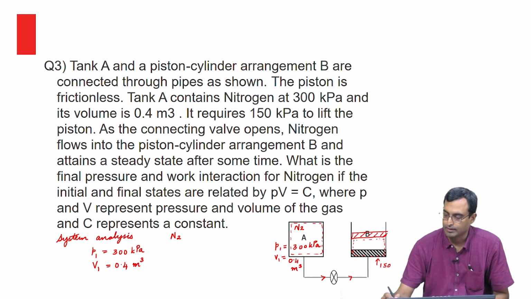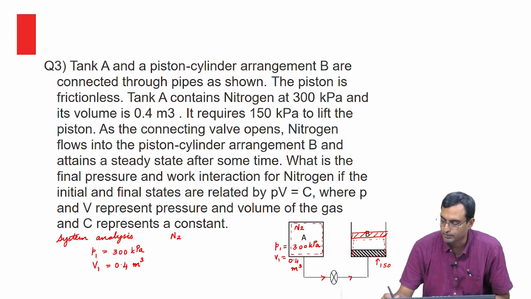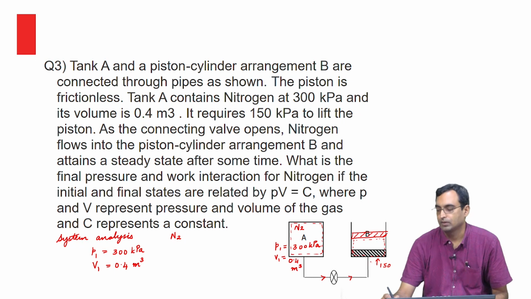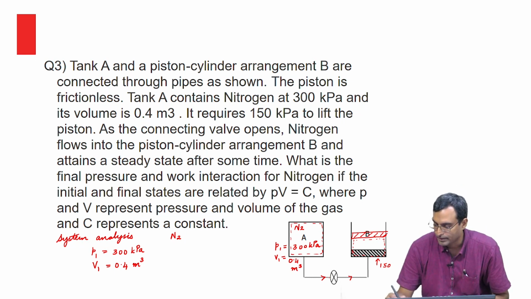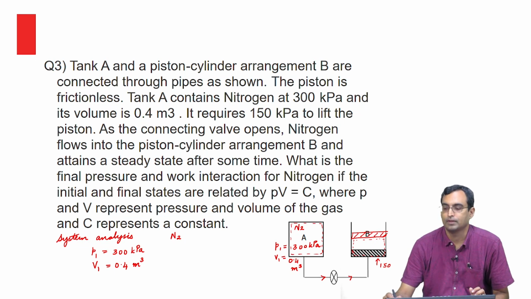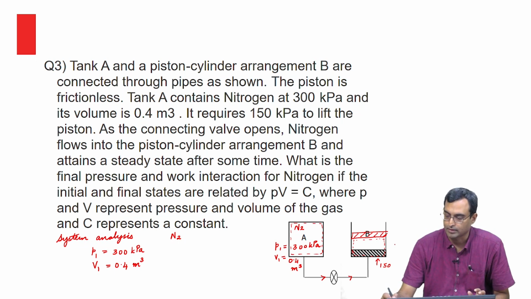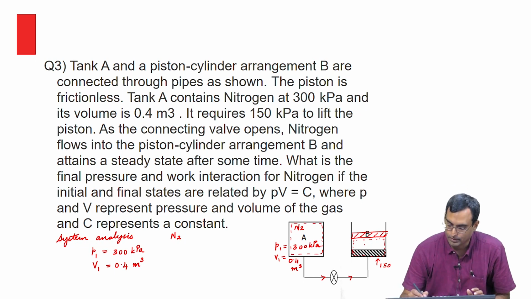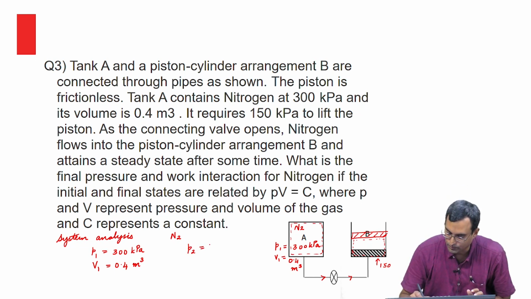What we know is that this will only move if the pressure is 150 kilopascal. So, we slowly let gas through this valve here. The pressure in this pipe will build up until it reaches 150, there is nothing moving. Once it reaches 150, this will start to move up. It will continue to move. While it is moving slowly, the pressure will remain 150. It will stop moving when the pressure in the tank becomes 150. So, the final pressure in this as well as this will be the same, and that final pressure is also 150 kilopascal.